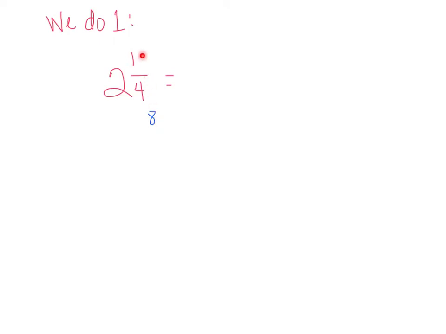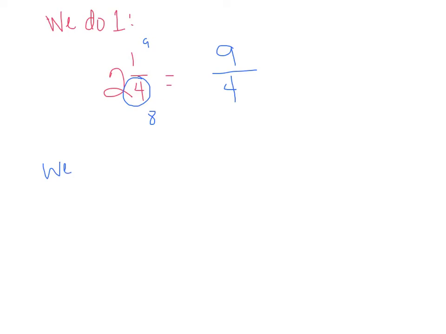So 8 plus 1 is 9. Bring it to the side. That just means take that 9 and make it your new numerator. The denominator does not change. It was 4 over here, so it stays 4 over there. And that is how we change the mixed number into an improper fraction. Multiply, add, bring it to the side. And you don't have to write these down. You'll do them all in your head after a while. It goes very, very quickly in your head with some practice.